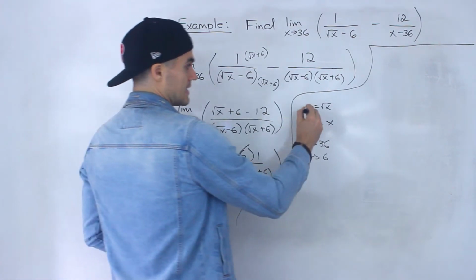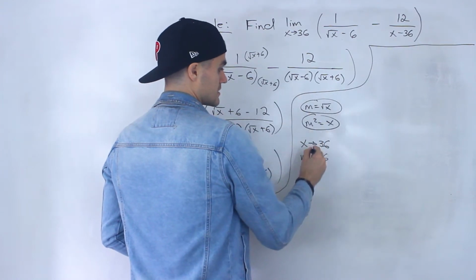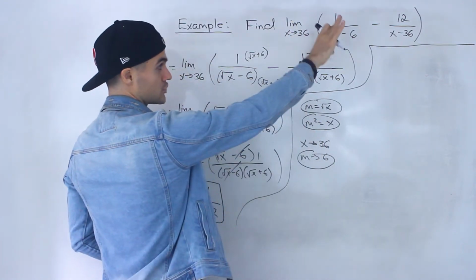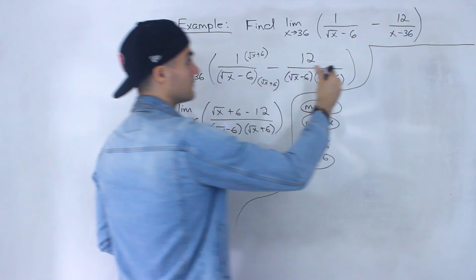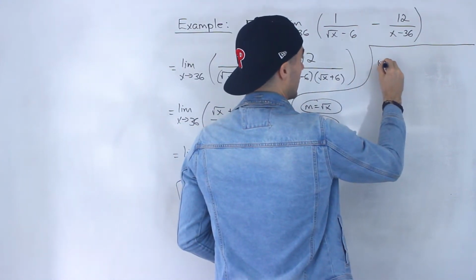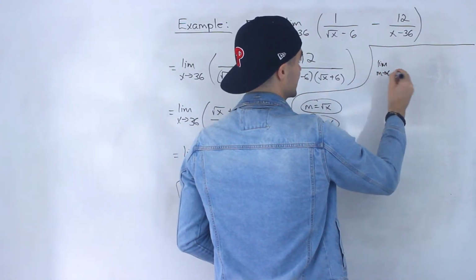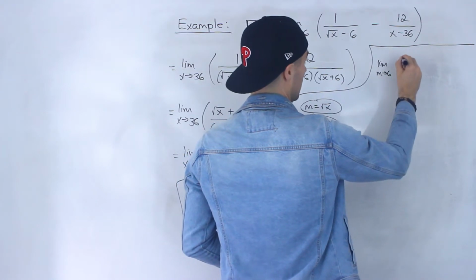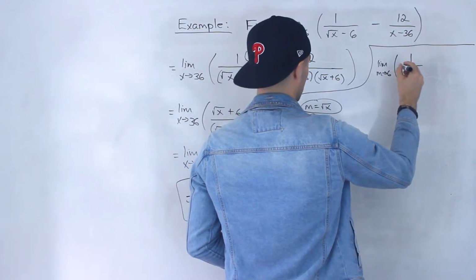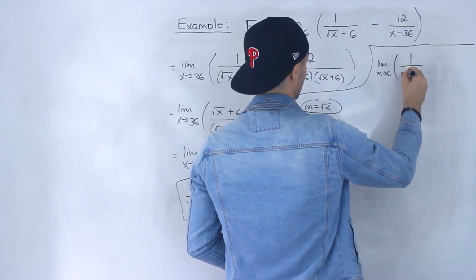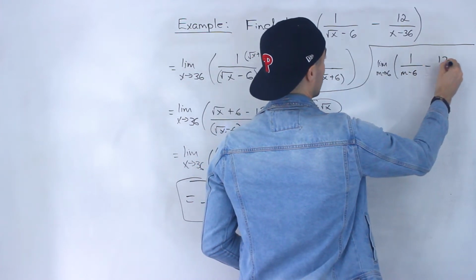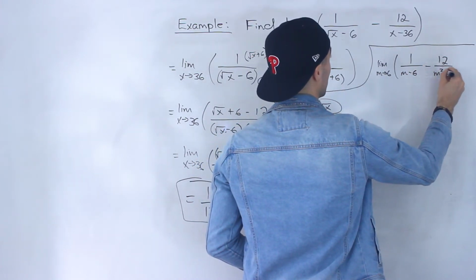So doing a change of variable completely on the limit, we would end up with the limit as m approaches 6 of 1 over m minus 6, minus 12 over m squared minus 36.